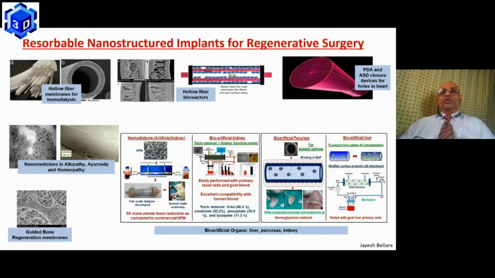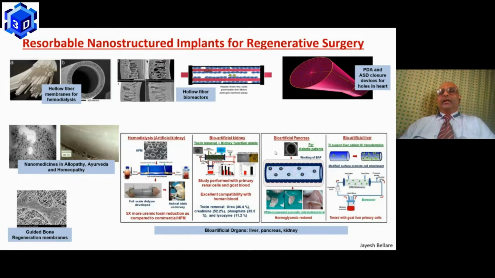And here is where we grow cells. We've already developed a bioartificial pancreas where islet cells are entrapped within these hollow fibers, and these can be implanted inside the peritoneal cavity. Here is an animal experiment that we did in a mouse model, which worked great for about 28 or 30 days, the longest duration for which we got ethics permission.